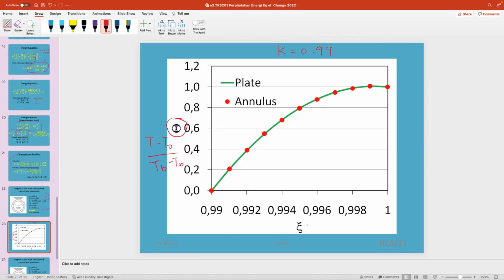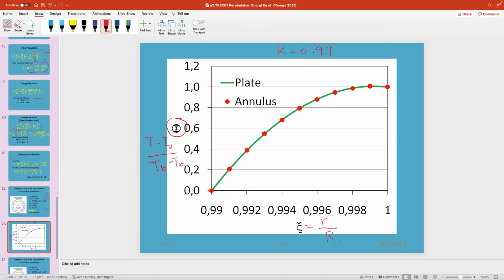And here c equals r over capital R. If you look at the temperature profile, it tells you how much the temperature is changing with reference to T0.